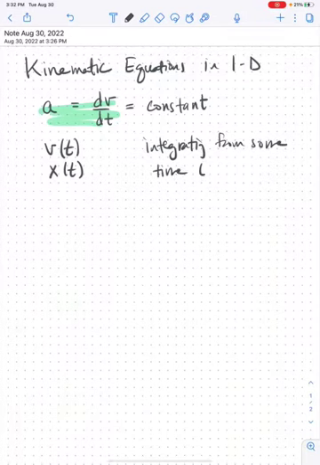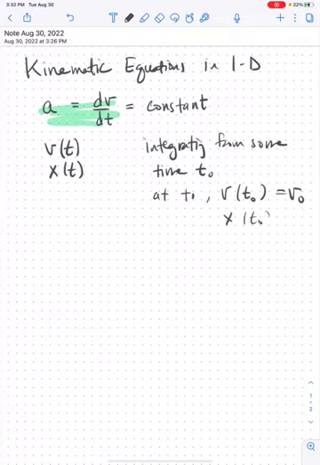So this is whatever time we start measuring, okay? And then note that at t0, we're going to assume that v of t0 equals v0 and x of t0 equals x0, okay? And so we want to start our object moving at some time t0, and then we're going to integrate until time t. So we're integrating from some time t0 to time t, okay?